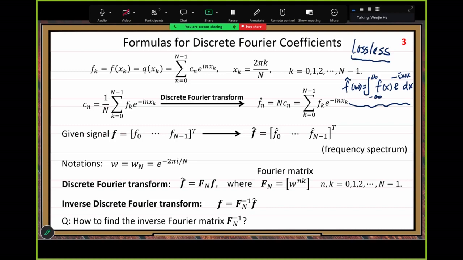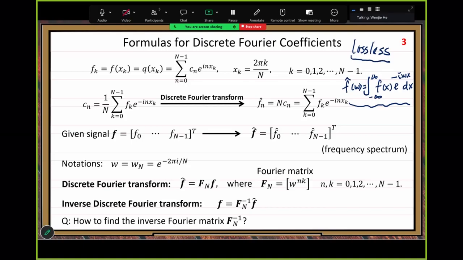Although we need to calculate capital N such coefficients, just for different subscripts, the framework is the same. The general formula is the same, but we just plug in different data locations: for different n, little n multiples of xk.